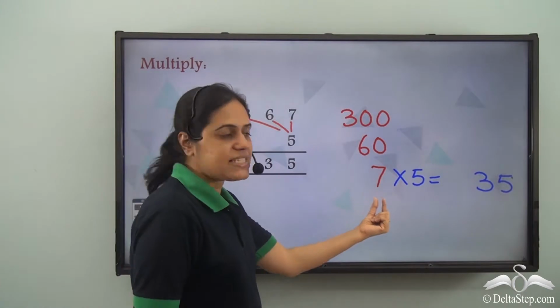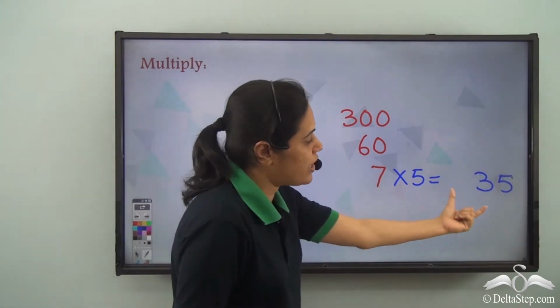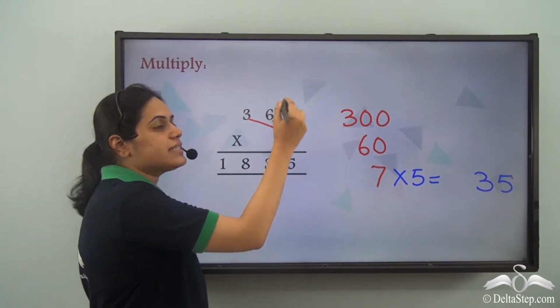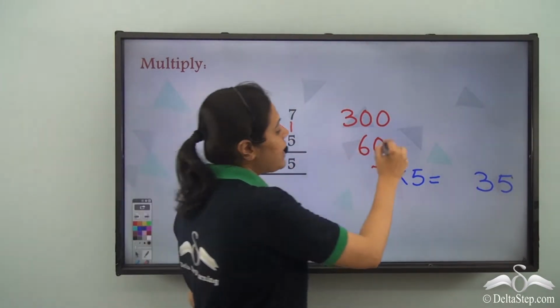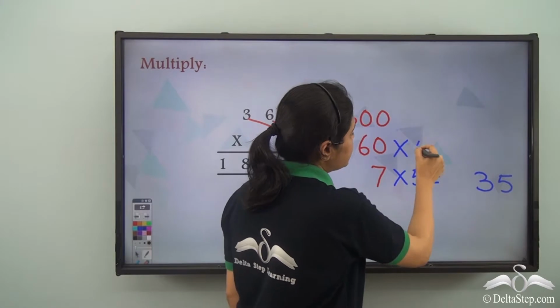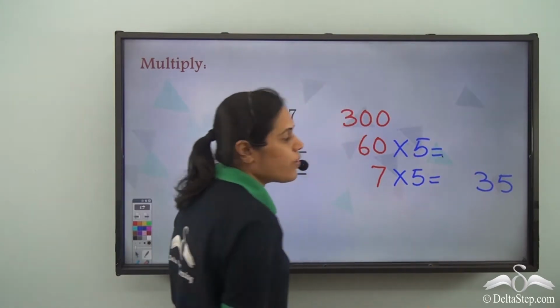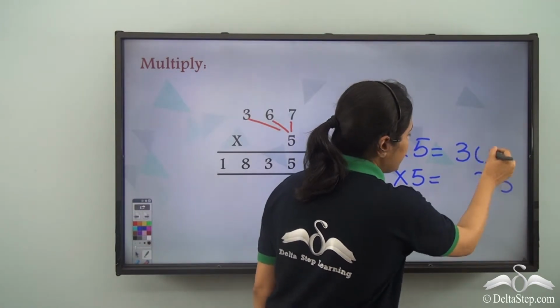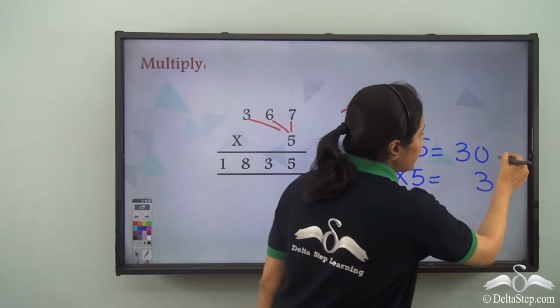I am multiplying 7 ones by 5 to get 35. I have 60 here or 6 tens. If I multiply 6 tens or 60 by 5, what do I get? 6 into 5 is 30 and there is a 0. So I write a 0 here.